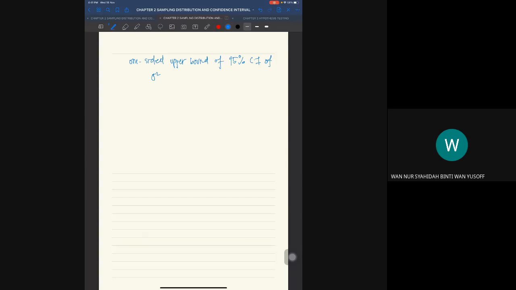So we need to calculate the upper bound: n minus 1 times s squared, over chi-square 1 minus alpha.